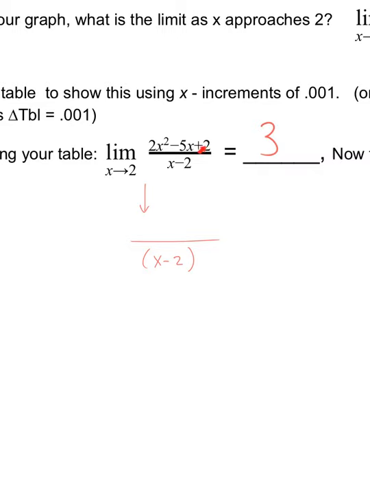This is a trinomial, so I can factor that into 2 binomials. The only way that I can split up 2 is 2 and 1. The only way that I can split up x squared is x and x. So when I multiply my first 2 terms together, I have to get 2x squared. For my last term in each binomial, the only factors of 2 are 1 and 2, so I'm going to just try.